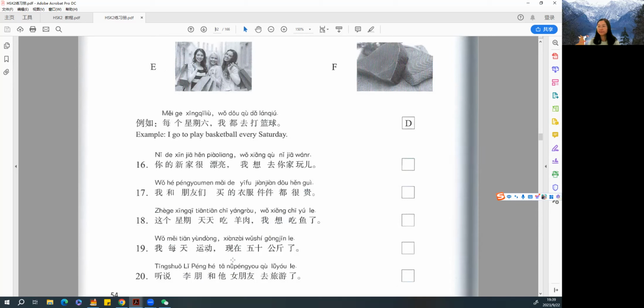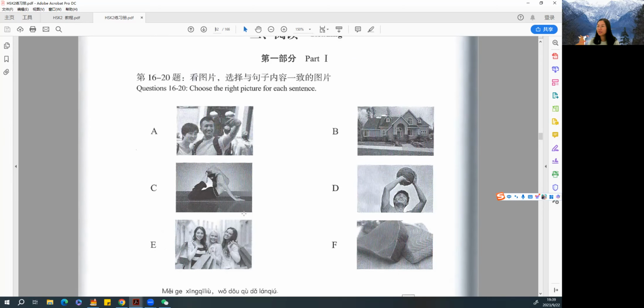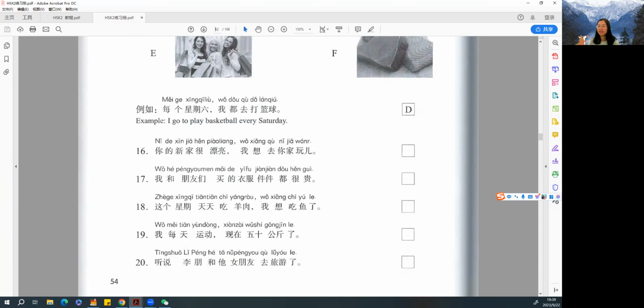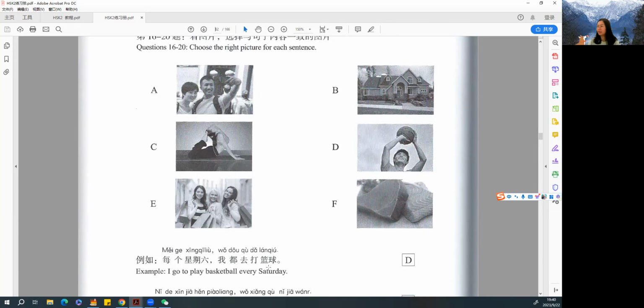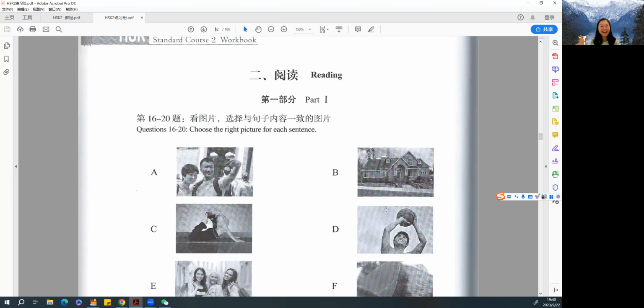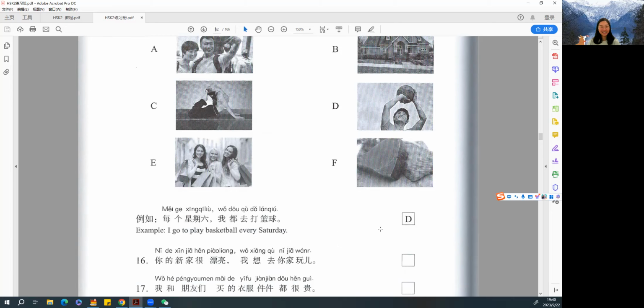Sport, 运动。现在 now 50公斤了。What is 公斤？ Yeah, kilogram, correct. 50公斤了，所以 should be 运动。Just see here. And then 听说李鹏, I just ignore. I just feel strange why playing basketball is also doing some sport and it's already taken.